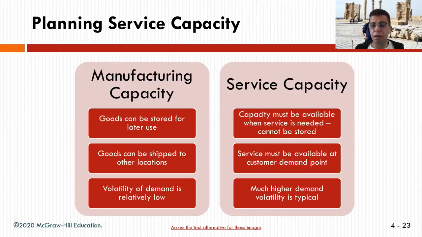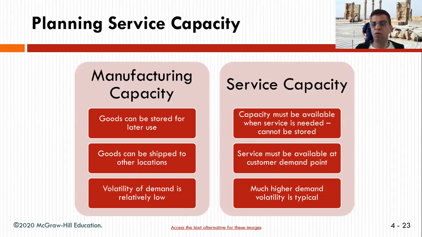The other thing is that service must be available at the customer demand point. Whenever the customer wants it, the service should be available. And later on, we talk about efficiency versus effectiveness. For example, if you walk into a store and there are 5 people and you don't wait a lot to get your service, this is a very effective service.